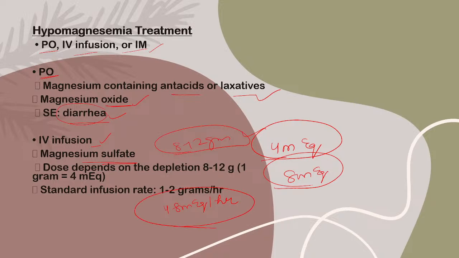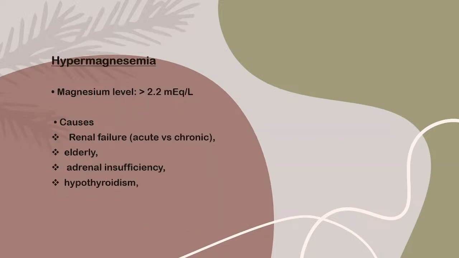Then if we talk about hypermagnesemia, that is increased magnesium levels, more than 2.2 milliequivalents per liter. Causes are renal failure, acute versus chronic. Any kind of renal failure would lead to hypermagnesemia, and in elderly patients, adrenal insufficiency or hypothyroidism.